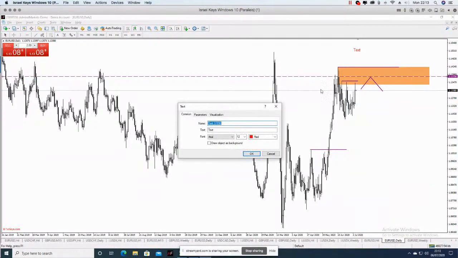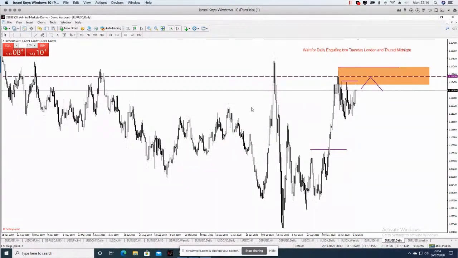Insert: wait for daily engulfing between Tuesday London and, I would say, Thursday midnight. But I'm really waiting for this to happen on a Tuesday or Wednesday.